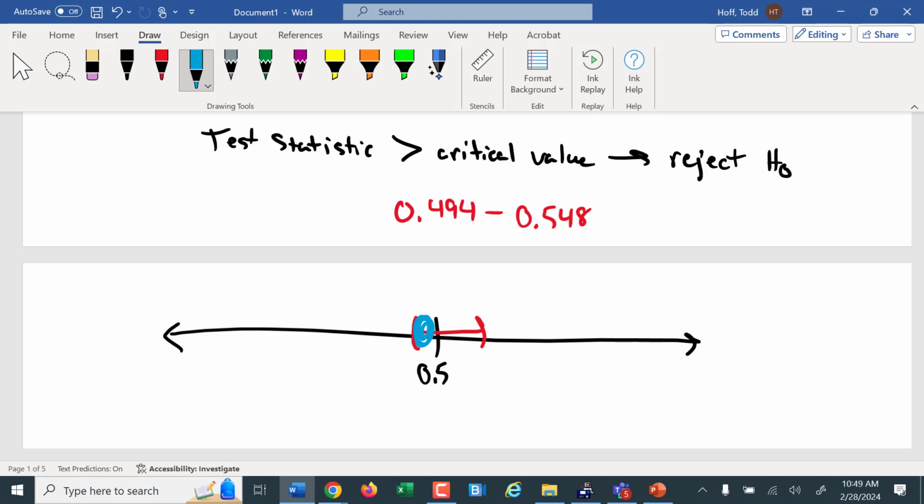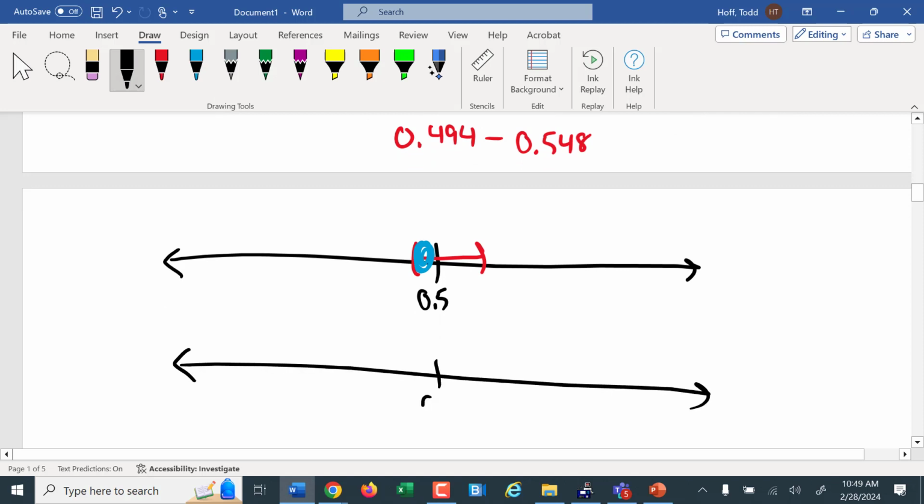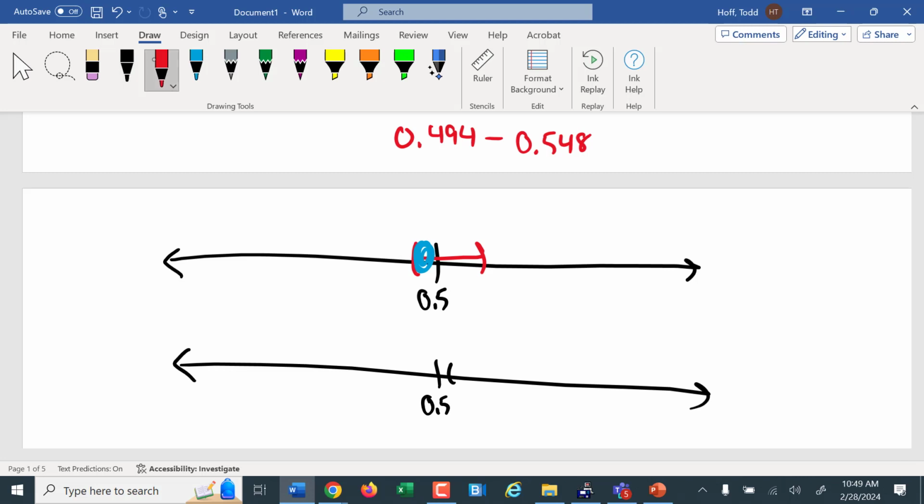So this confirms our conclusion that we cannot definitively say that more than half or a majority of users use two-factor authentication. The only way we would have been able to confirm it is if our confidence interval was completely greater than 0.5.